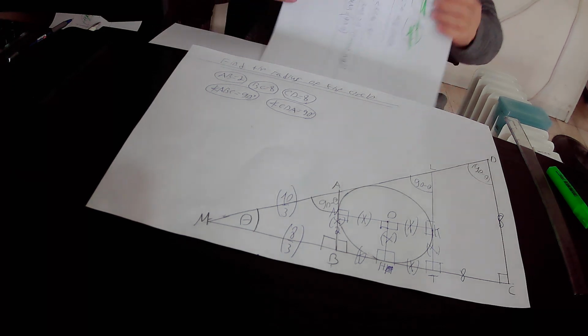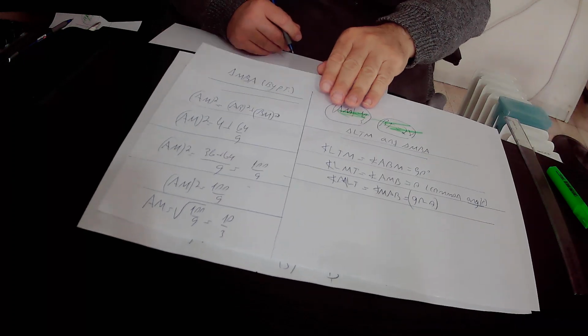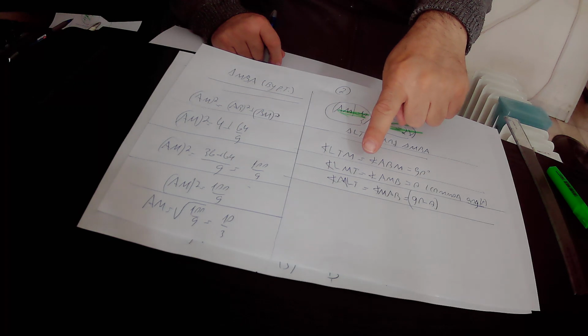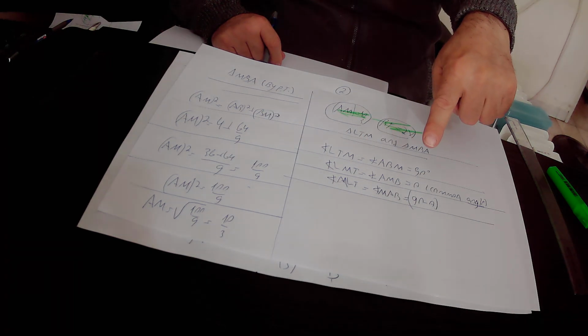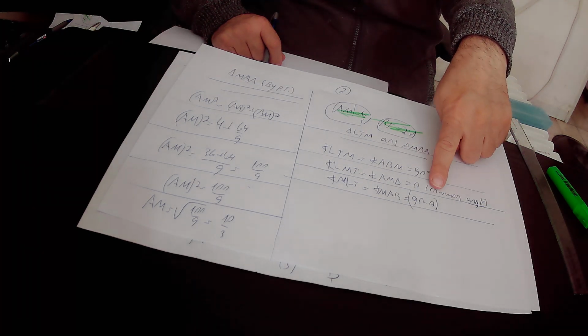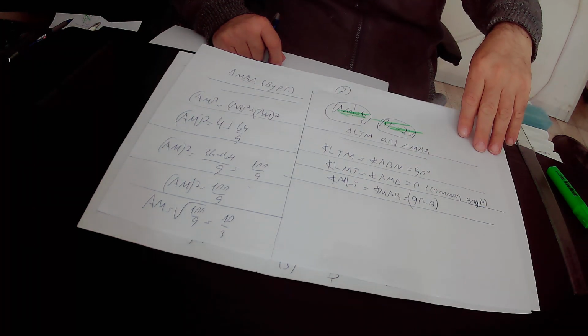So, I'll do it again. Angle MLT in the big right triangle LTM equals angle MAB in the small right triangle MBA. They're both equal to 90 degrees minus theta, therefore they're equal to each other.